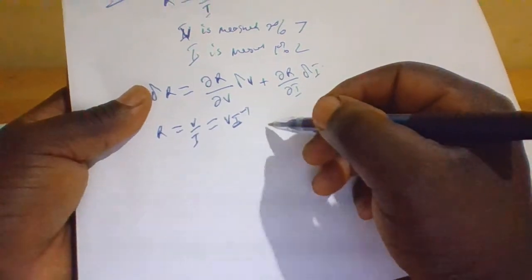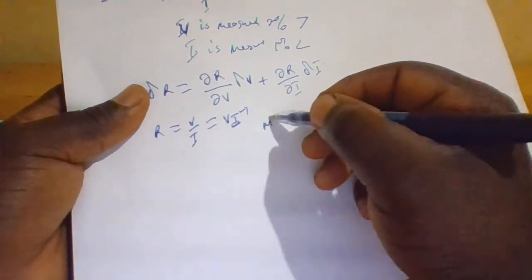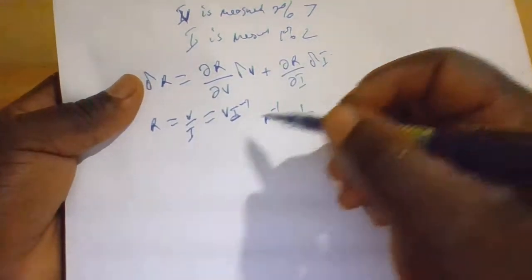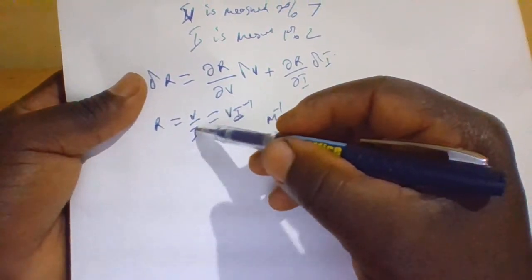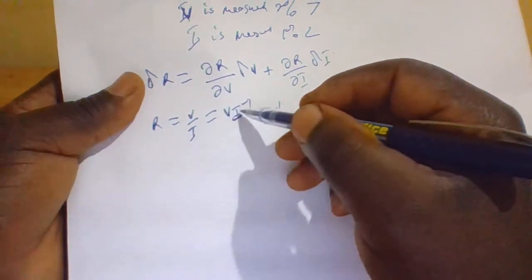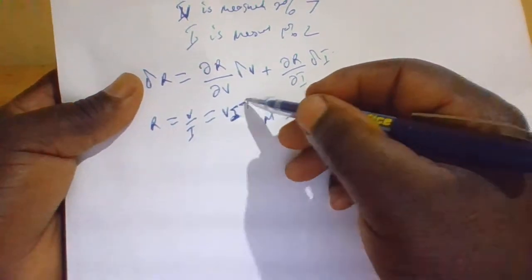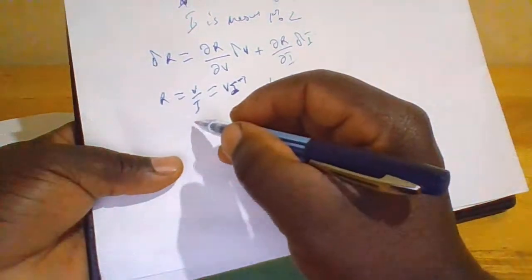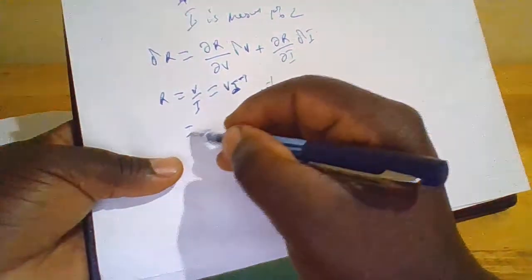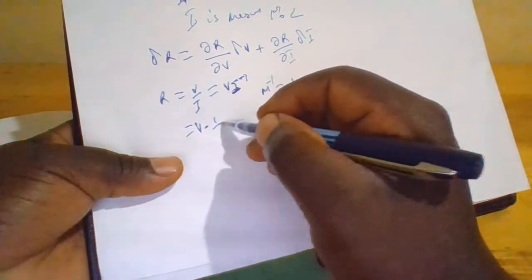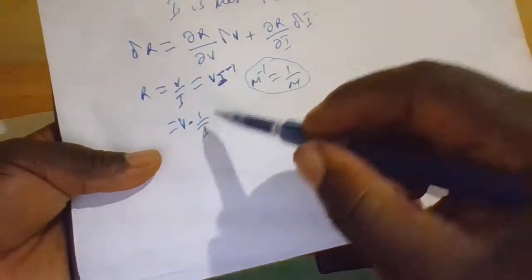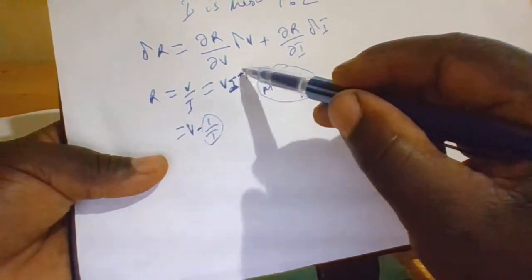We must know that if M is raised to -1, then this is the same as 1 all over M. That's why voltage over current is the same as voltage times 1 all over current, which is current raised to -1.